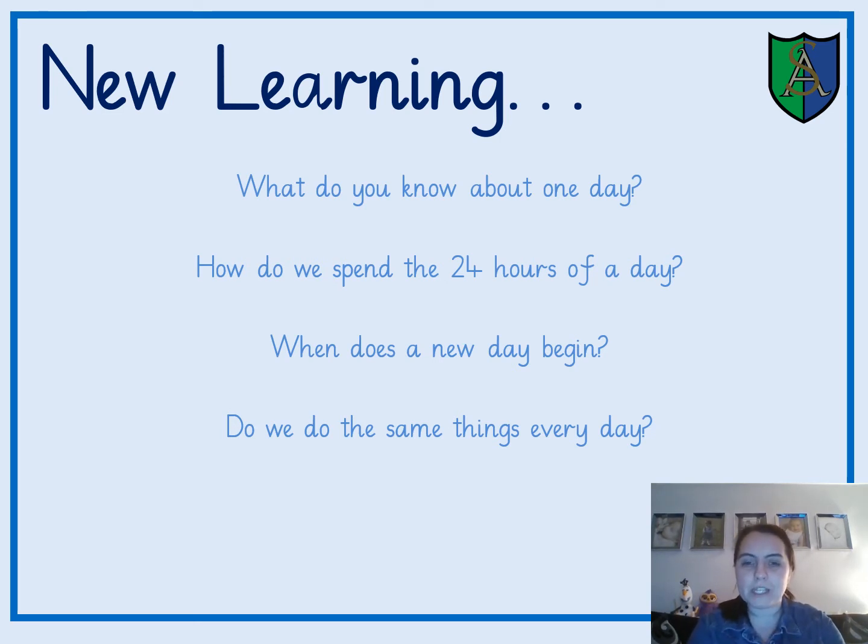And what we do is we split those 24 hours in half, because we spend half of our day in daytime and half of our day at nighttime. So we have 12 hours of daytime and 12 hours of nighttime, which makes up our full 24 hours of the day.